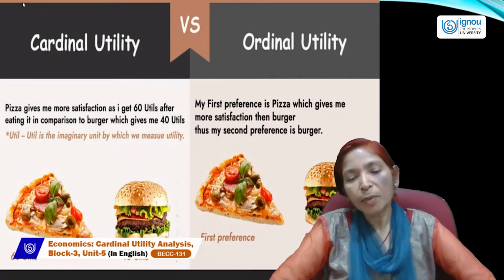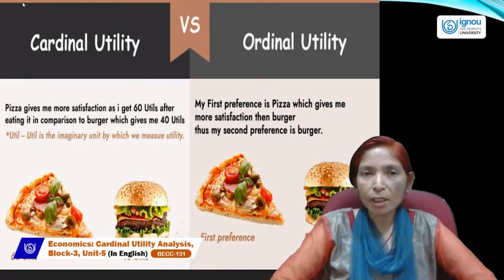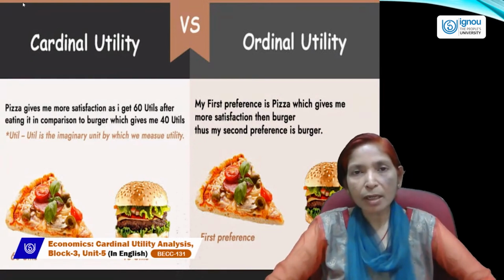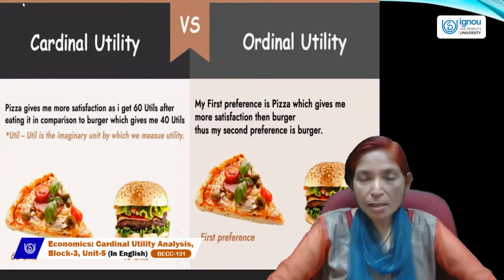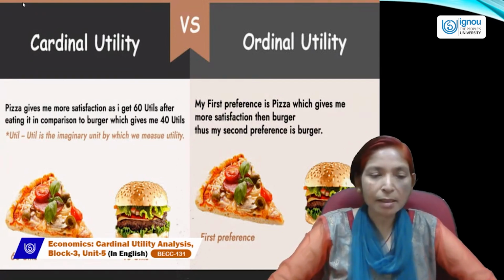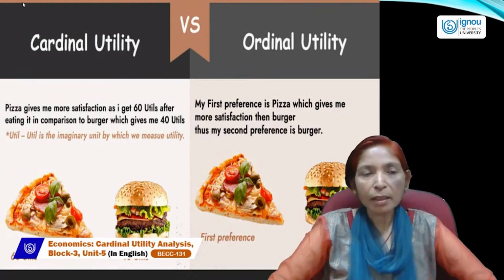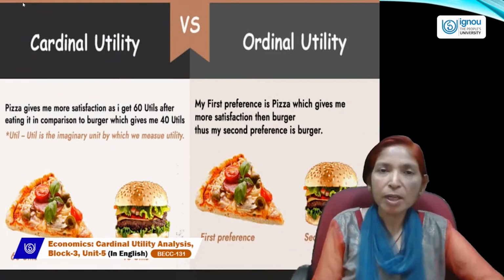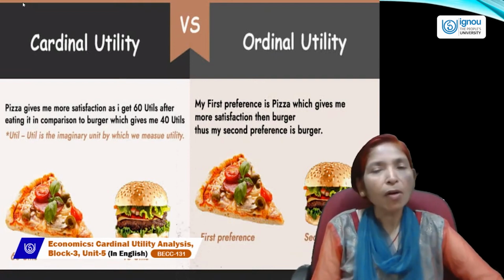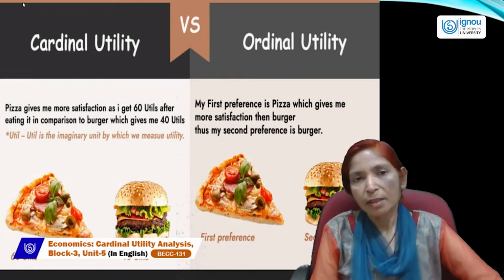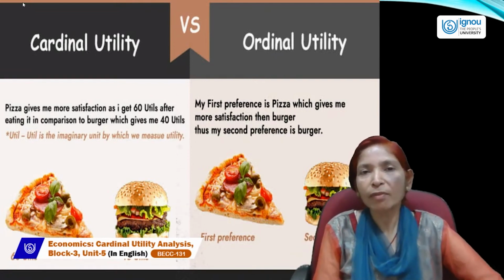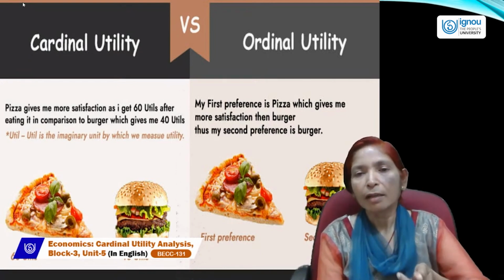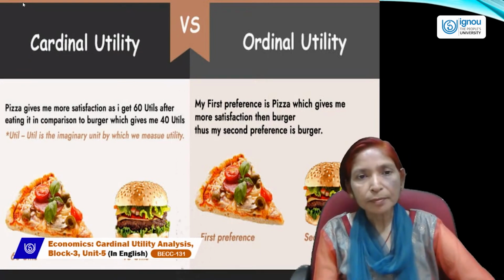And if you eat burger, then you will get 40 utils of satisfaction. Here, satisfaction is measured in terms of utils or in accurate numbers like 60 and 40. So, cardinal utility explains that utility can be measured in terms of money or in accurate numbers. So this is the basic difference between the two types of utility, cardinal and ordinal.